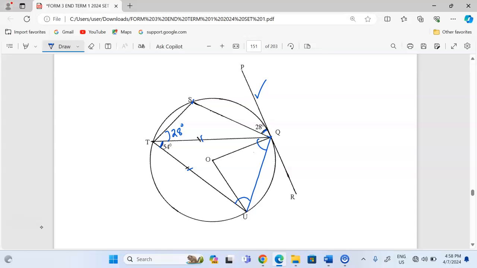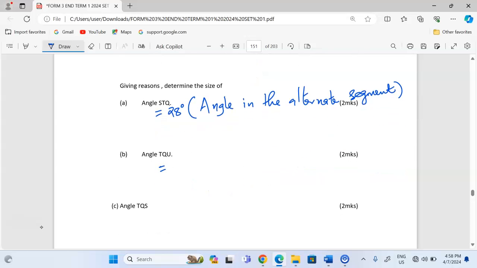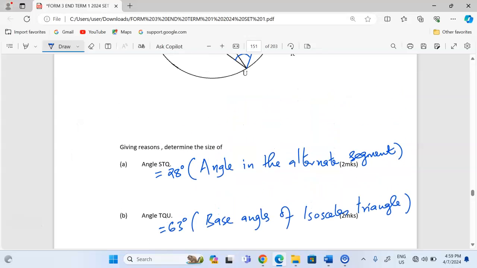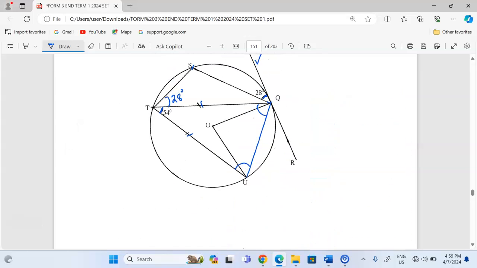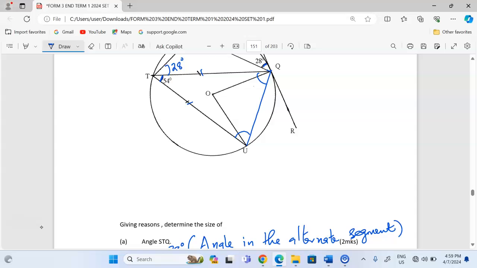Therefore, we take 180 and subtract 54. We get 126, then we divide by 2. This gives us 63. So the angle there is 63 degrees. These are base angles of an isosceles triangle. Base angles in an isosceles triangle should be equal. That's why we have taken the remainder in that triangle and divided it by 2. So the whole of this is 63.